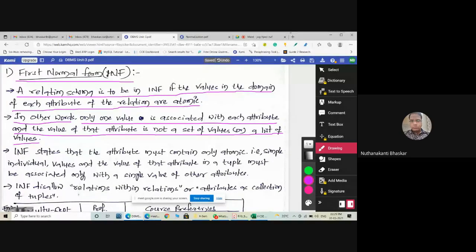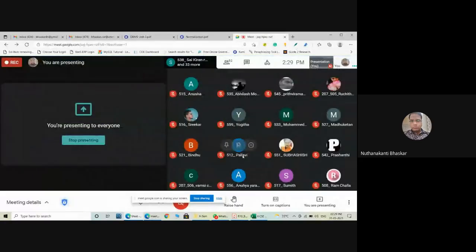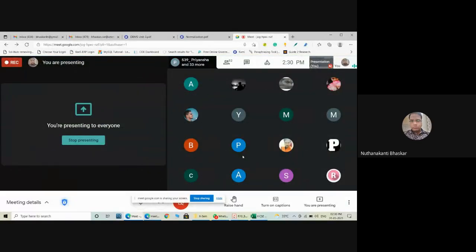Already we know in an ER diagram that such an attribute is a single valued attribute. If the relation is not in first normal form, you need to convert it. How to convert, I will tell you. Don't worry. To verify whether a given relation is in first normal form or not, just check whether all the attributes are single valued, meaning every attribute contains only one value.